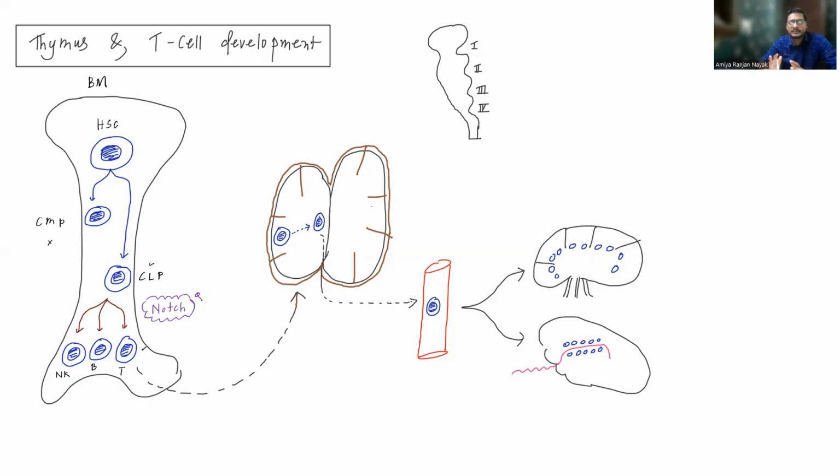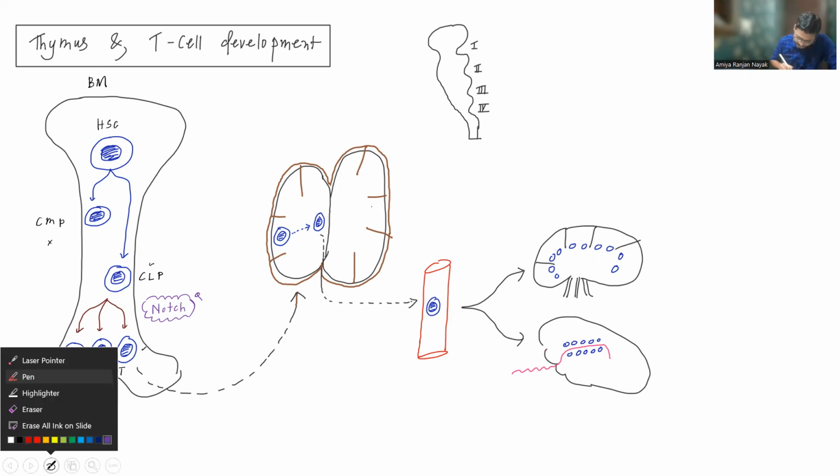Once this lymphocyte is programmed to develop as T lymphocytes, from the bone marrow, these immature T lymphocytes will go to the thymus. So if you see here, this is the thymus.